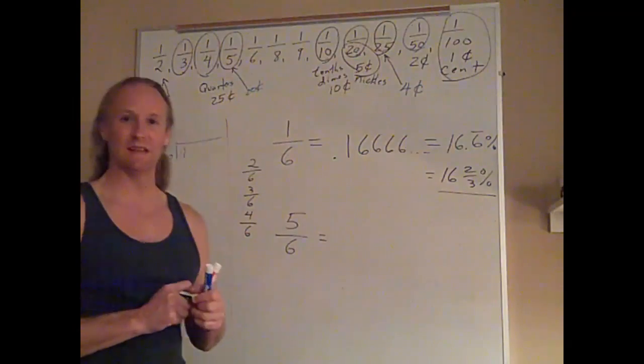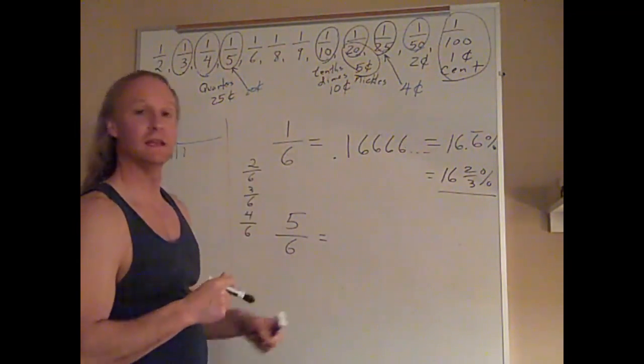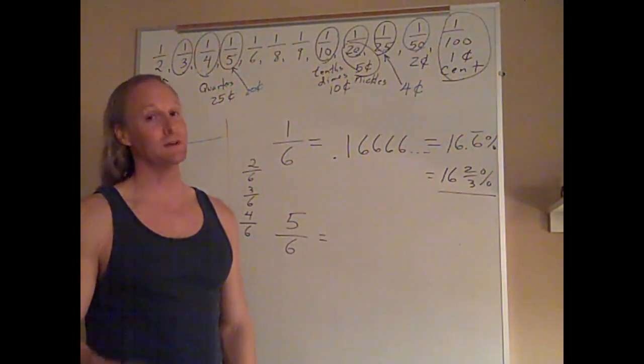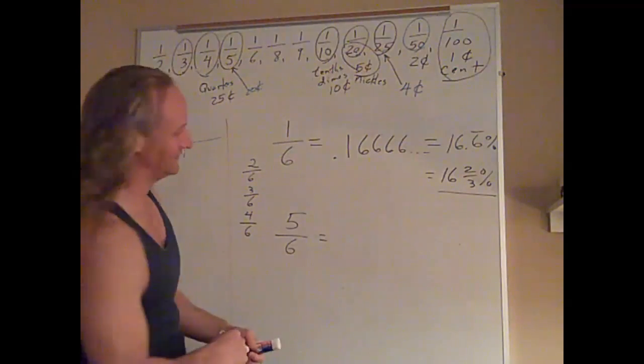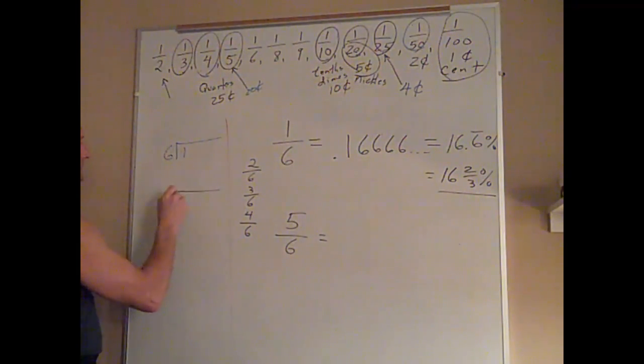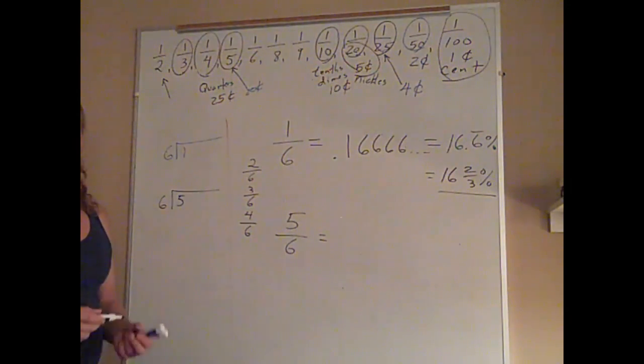5/6, you're going to have a guess. You may, according to this, look at this and guess it's 0.5666666. That would be very nice if it were. It's not. I'm sorry. A really good exercise for you is to go ahead and do the division on the side. Pause the video and give it a try.